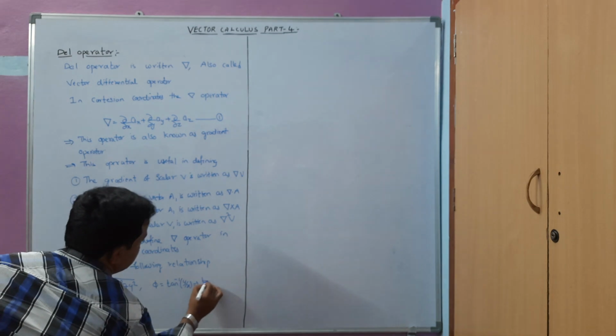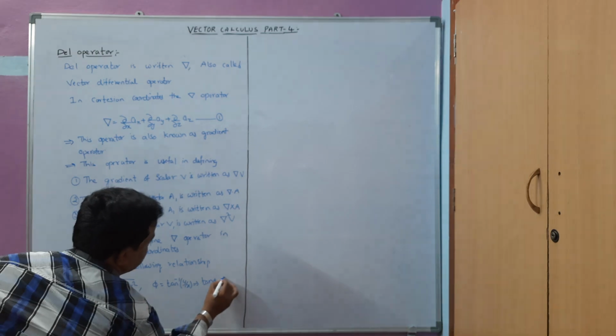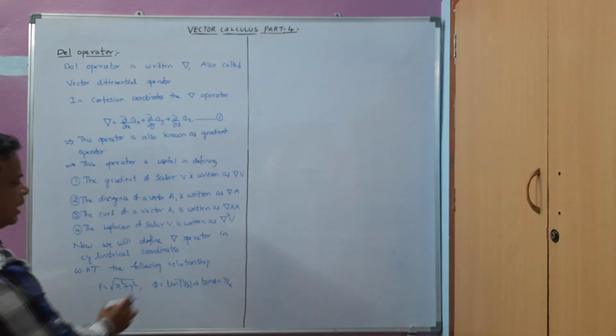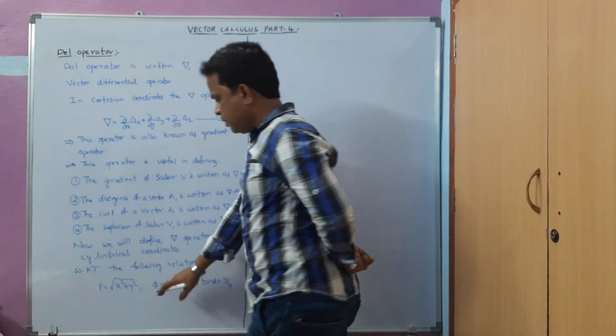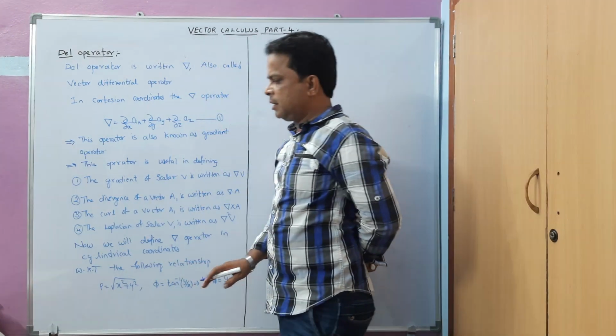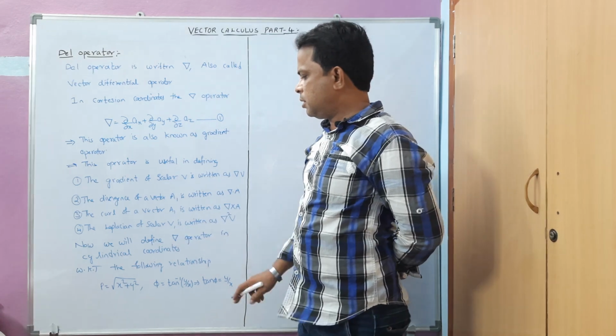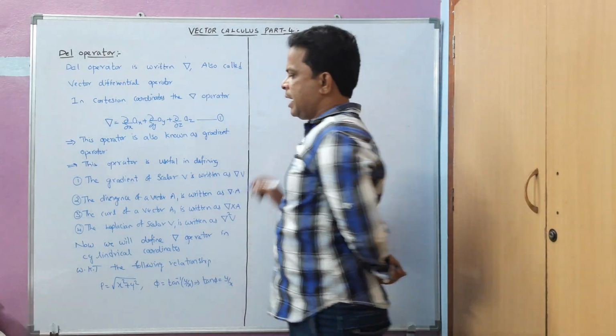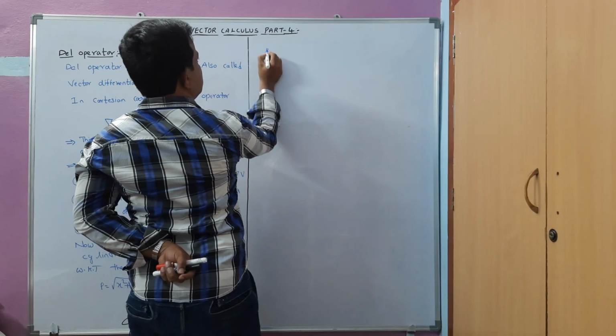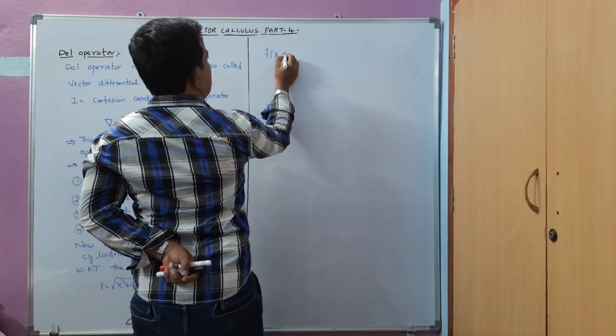I can also write this equation like this, and z is equal to z here. Now these are the two functions we are going to consider, here x, y and here rho, phi. Okay, I can write in the form of a function like this, f of x comma y.